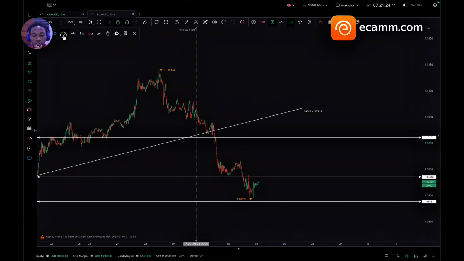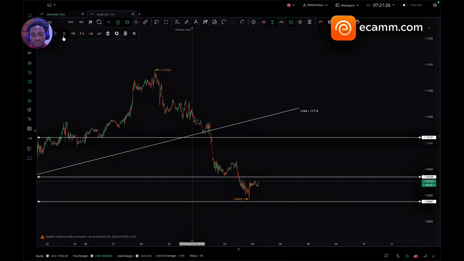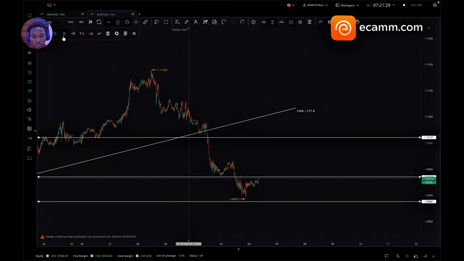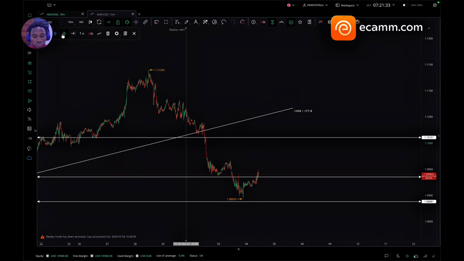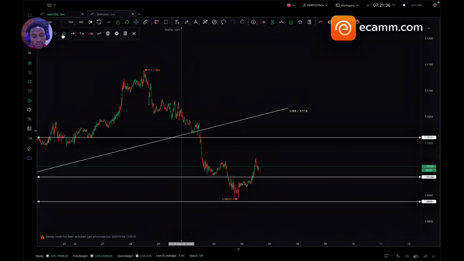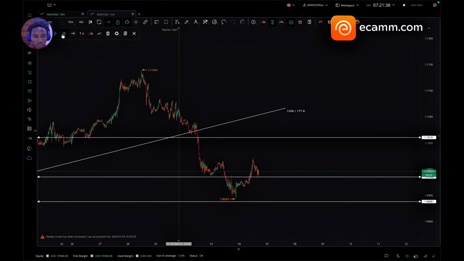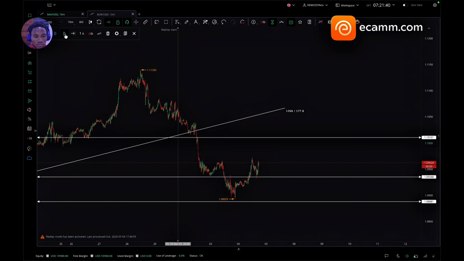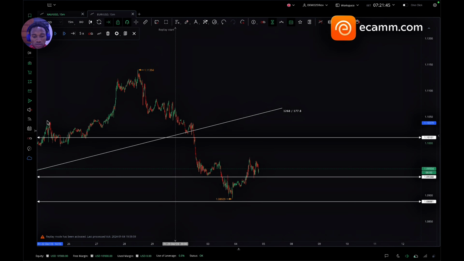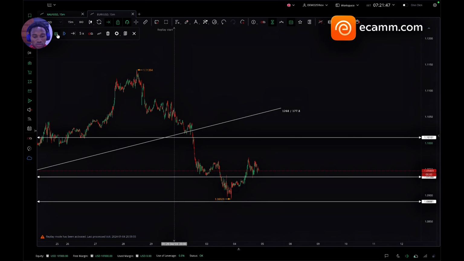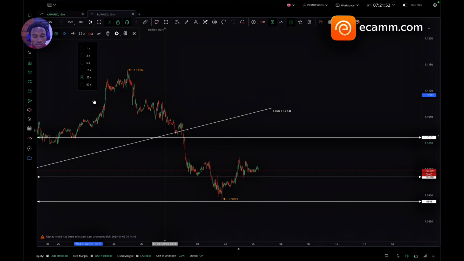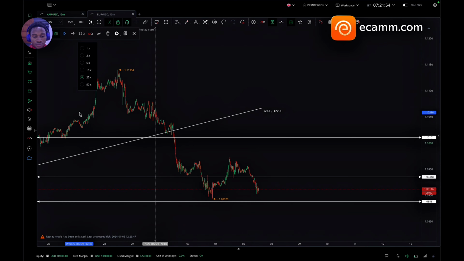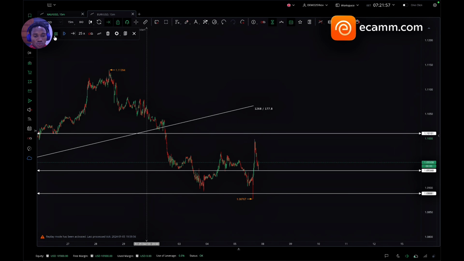See if it's going to break the last support. Okay, that is fine.